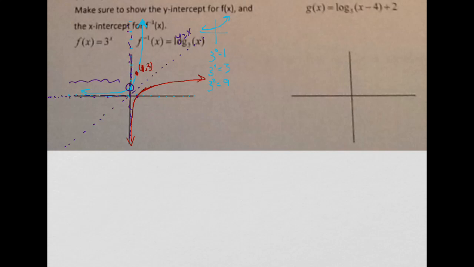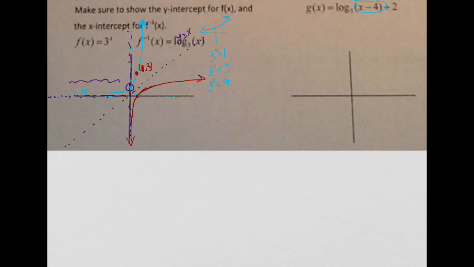Second part is then to look at this other function, g of x, which is log base 3 of x minus 4 plus 2. This is going to be the same exact graph as that red one, except with these two transformations, that minus 4 and that plus 2. So you just got to ask yourself, what do those transformations do to a function? Well, minus 4 inside the parentheses.